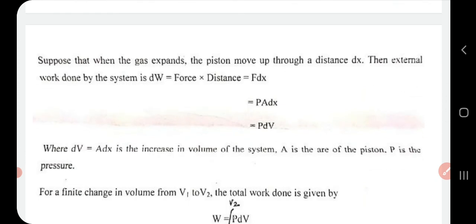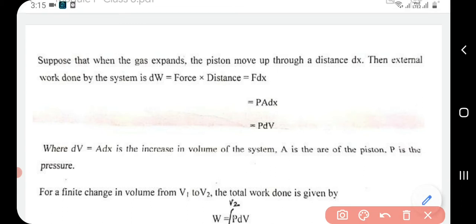Now there is a mathematical notation. Suppose that the gas expands and the piston is moving up. Let it move through a distance dx. We know work done is actually force into distance. Here the small amount of work done is denoted by dW. So that will be F dx, where dx is a small distance moved by the piston. Now this force is actually pressure into area, that is PA. dx is kept as such.